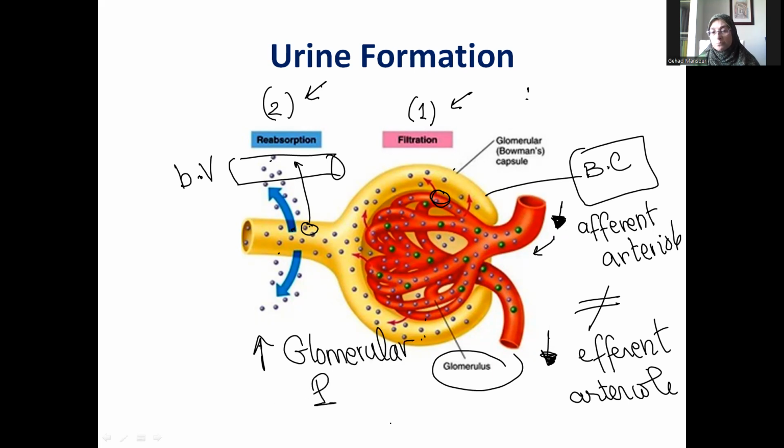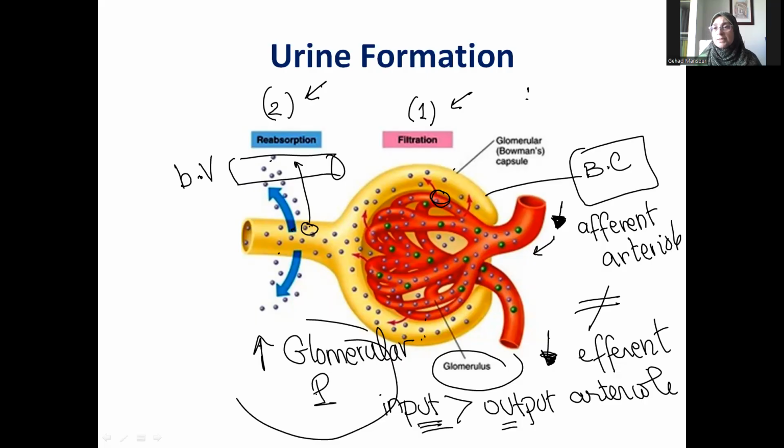Because you have more input of blood at any time than the output. So again, when the afferent arteriole is larger, this increases the pressure inside the glomerulus. Why? Because the input is more than the output at any time. And how is this useful to the kidney? When glomerular pressure increases, this means that the process of filtration increases.